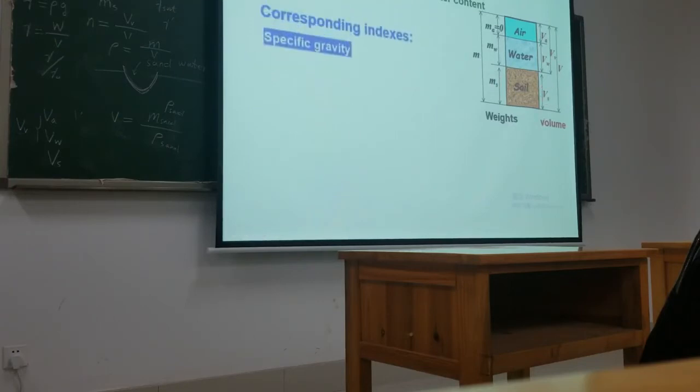And from the solid density, we can get corresponding indexes. Specific gravity means the density of soil grain divided by the density of water.